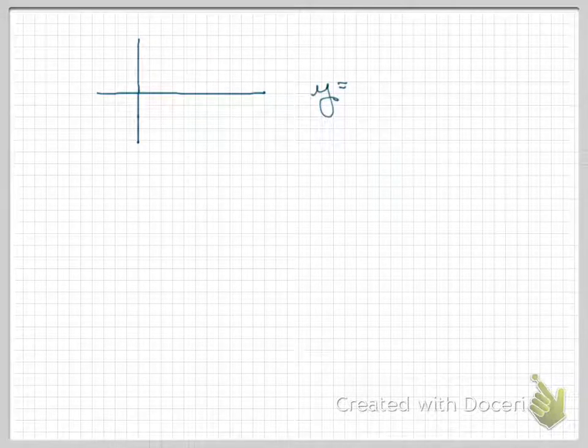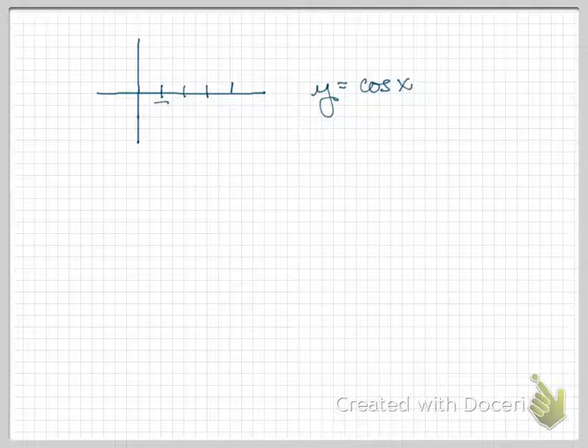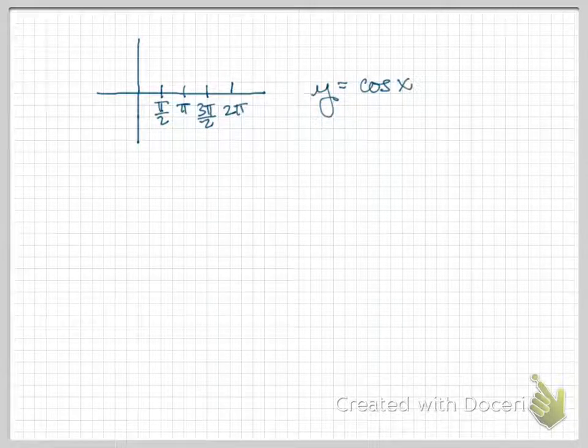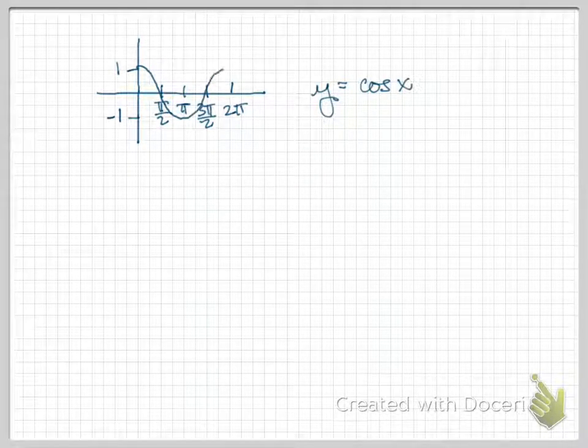Y equals cosine x. The 4 key values are pi over 2, pi, 3 pi over 2, and 2 pi. Values go from 1 to -1. The parent function of cosine looks like that.